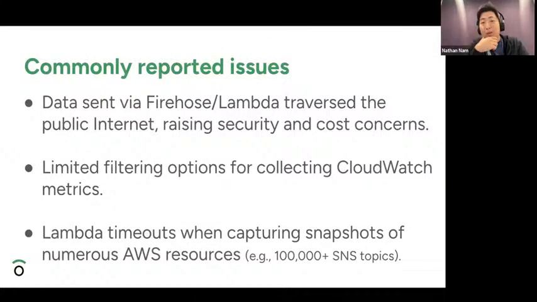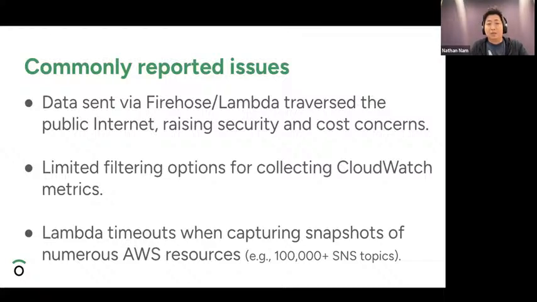I'd like to also talk about some of the commonly reported issues by our customers for the existing AWS integration. The first one is that the data collected or sent via Firehose and Lambda traverses the public internet, raising security and cost concerns.